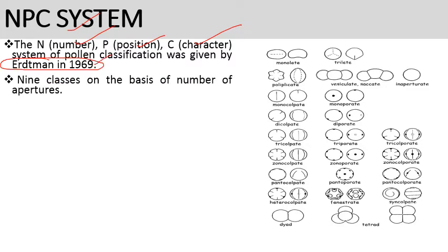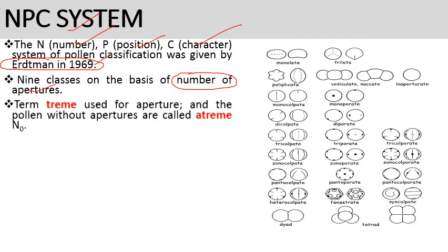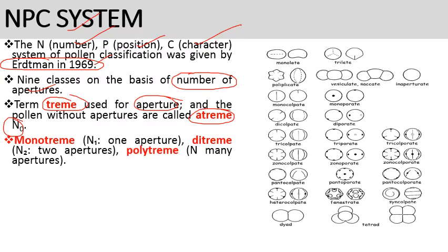There are 9 classes of pollen grains on the basis of number of apertures. If we talk about number, on that basis we can divide pollen grains into 9 classes. We use the term treme for aperture, and pollen without aperture is called atreme, designated as N0. While monotreme means there is a single aperture, indicated by N1. Then ditreme means having 2 apertures. Then polytreme having many apertures.